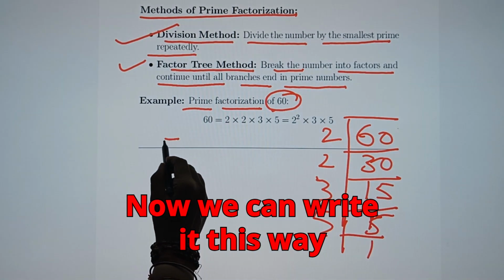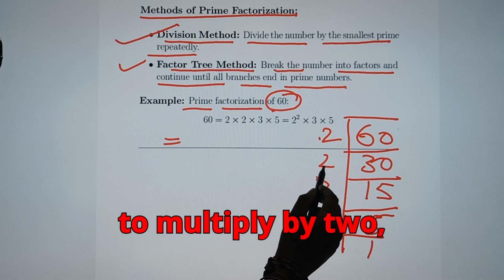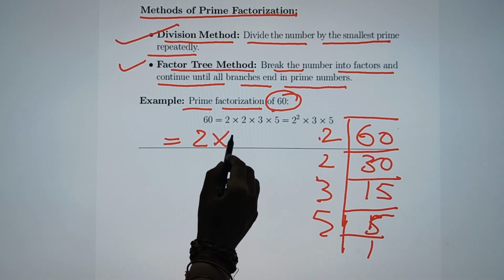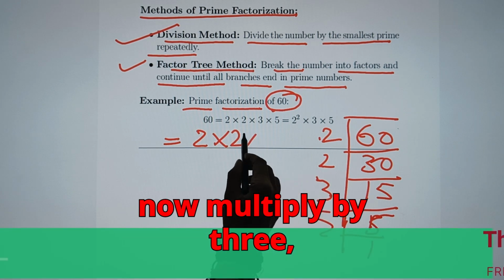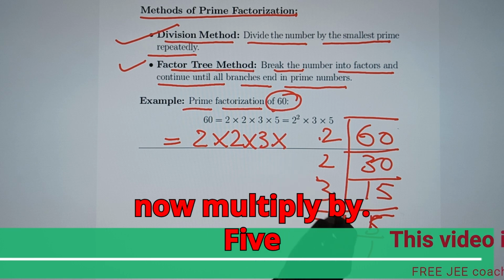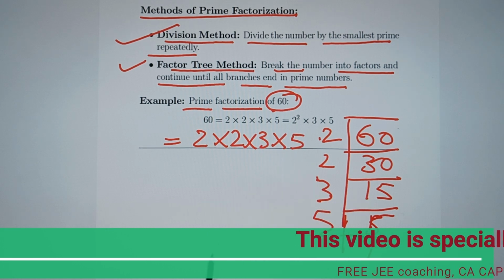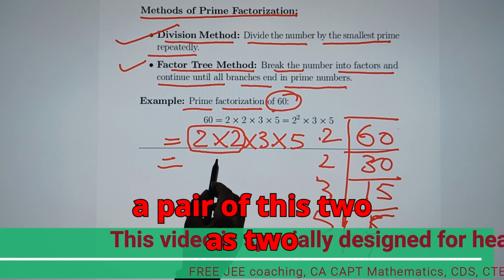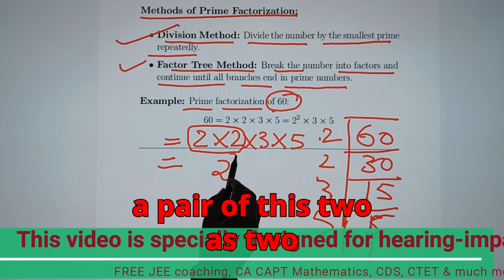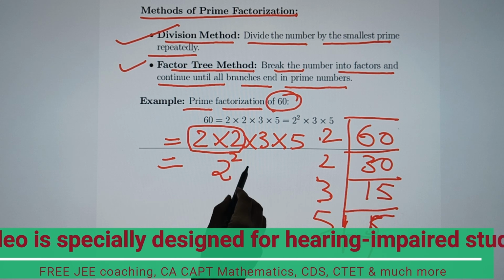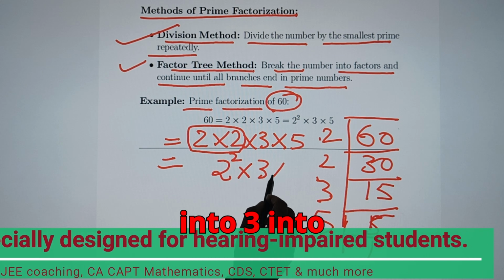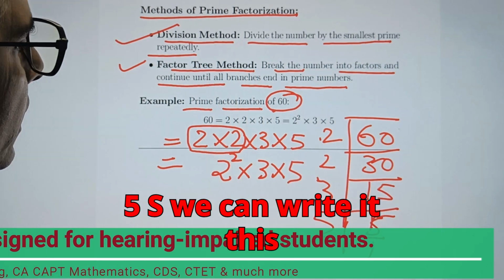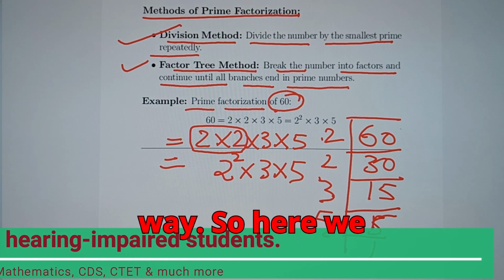Now we can write it this way: 2 multiplied by 2, multiplied by 3, multiplied by 5. Or we can make a pair of these 2s as 2 raised to the power 2, into 3, into 5. So we can write it this way.